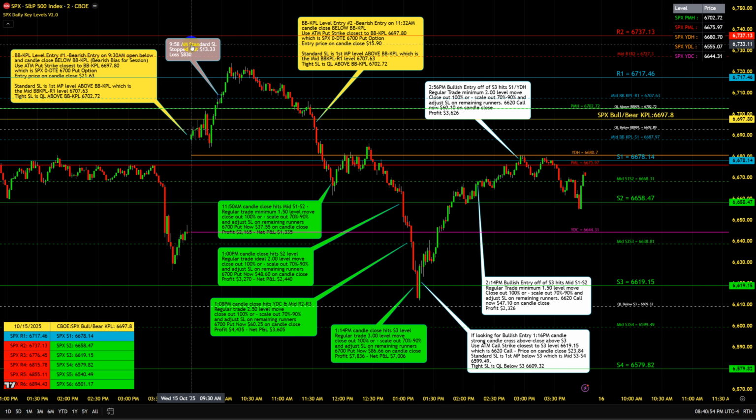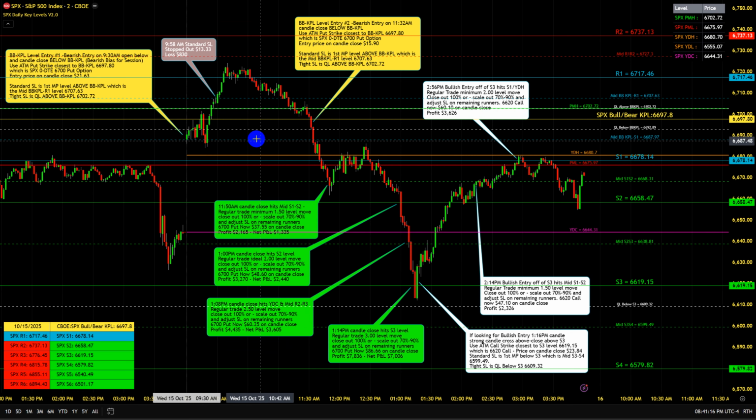But since we used the standard SL, you got stopped out here on the 9:58 candle, which is this little sliver of a candle between these two green candles that has a very small red body. So maybe a little hard for you to see. Anyway, it's this candle right here, the 9:58 candle.